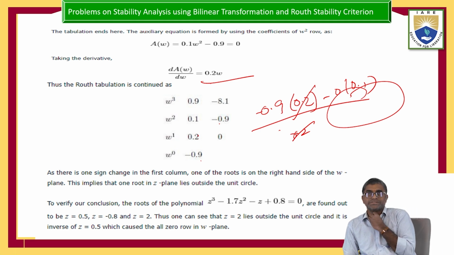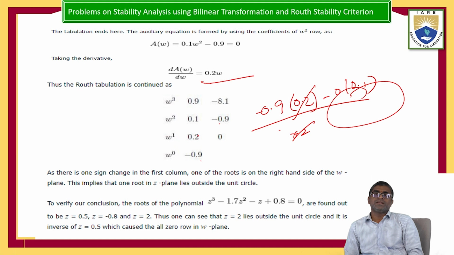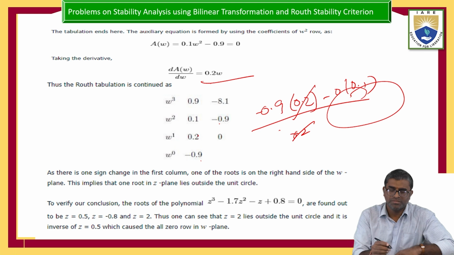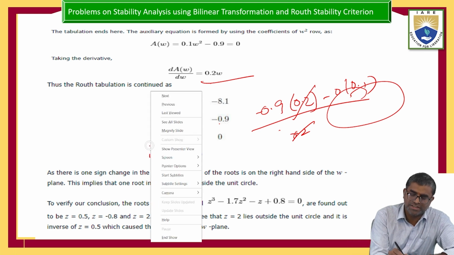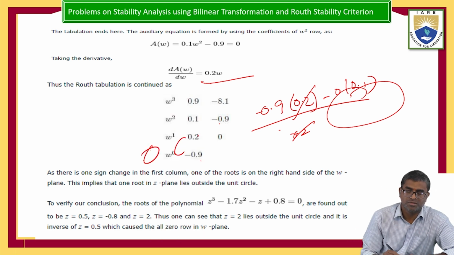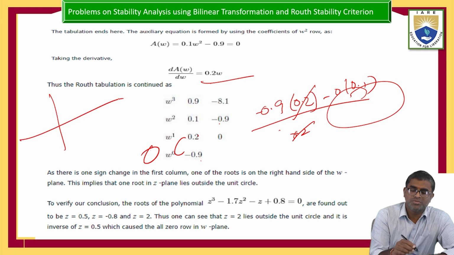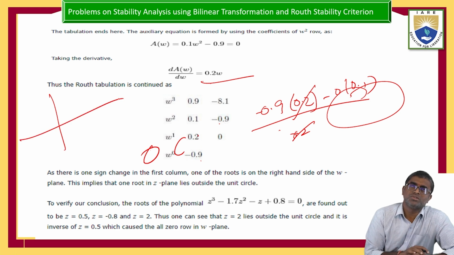There is one sign change. So all the roots are on the right half of the omega plane. Therefore, the system lies outside the circle. In the problem, they gave one sign change. So how many roots are there? Three roots, and of these, one root is going to be outside.